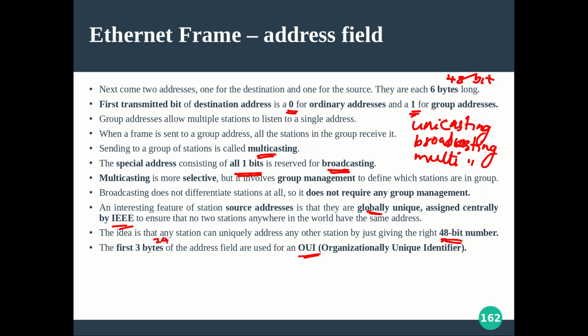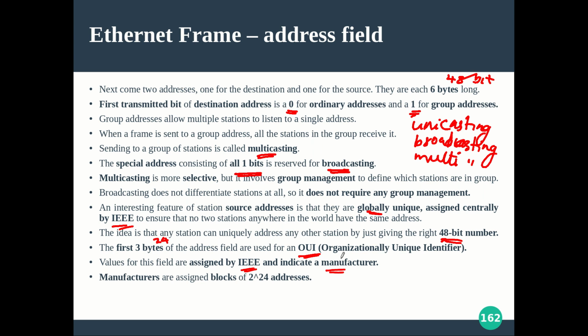Out of the 48 bits, the first 3 bytes are up to the manufacturer, the organization who is manufacturing the network interface card. He will contact IEEE, and IEEE assigns him a unique identifier. So the value of the first 3 bytes is assigned by IEEE, and it indicates a given manufacturer, the organization unique identifier. Now what about the remaining, the last 3 bytes?